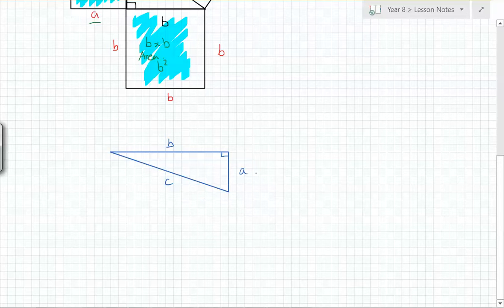Right? So let's say that A is 3 and B is 4. Let's write this down. Let's say A is 3, let's say centimetres, B is 4. We're not going to draw the squares on it. We don't need to.